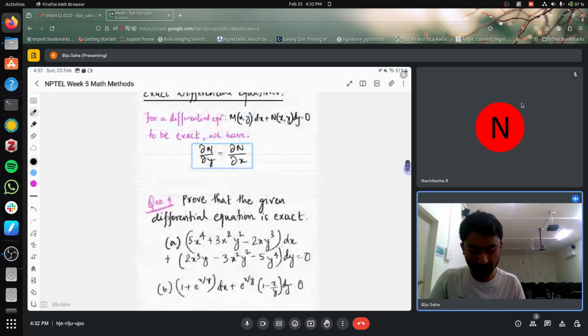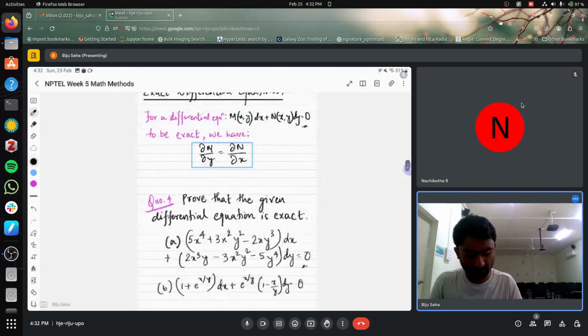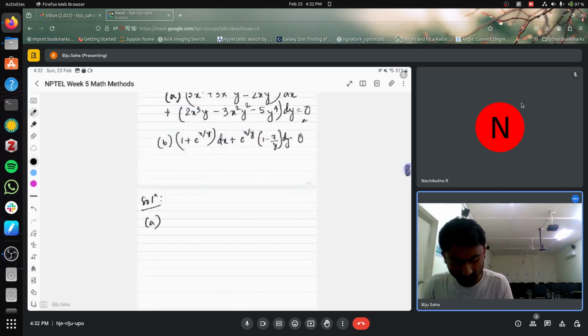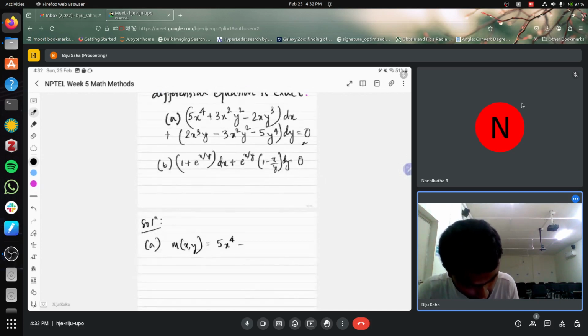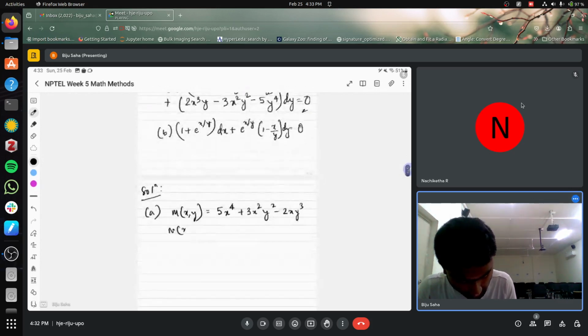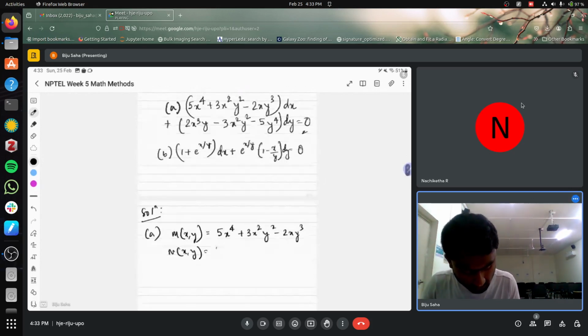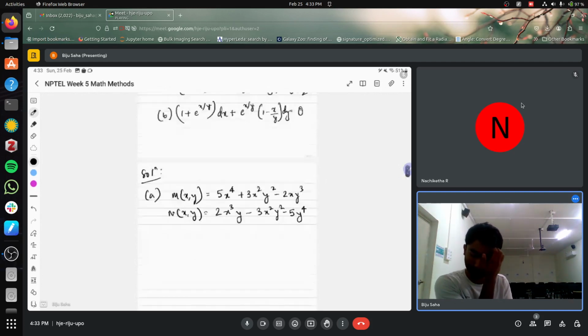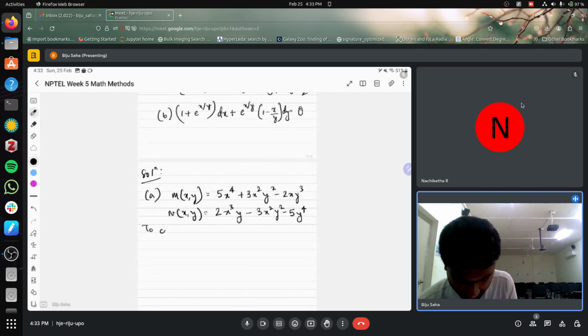Comparing this particular form with this, this is my M, and this is my N. To check if it is exact, let me find del M by del y.